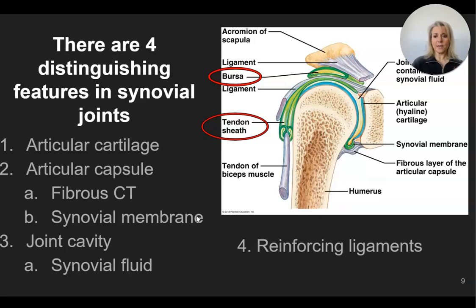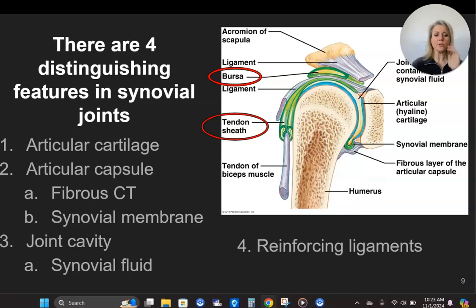All right, we are now on slide number 9, and we're talking about synovial joints. We have 4 distinguishing features. They contain articular cartilage. They have an articular capsule. They have a joint cavity, and they have reinforcing ligaments.